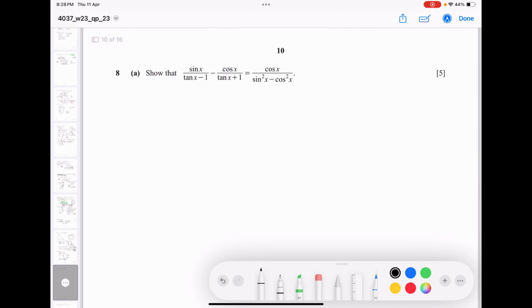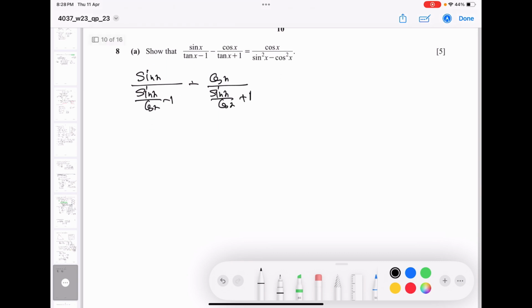Question 8 is on trigonometric identities. Show that sin x by tan x minus 1 minus cos x divided by tan x plus 1. Okay, we know tan x equals sin x by cos x. Okay, let me write sin x over cos x minus 1 minus cos x, sin x over cos x plus 1.